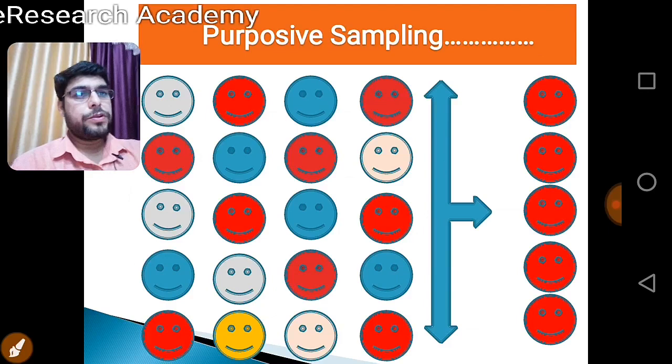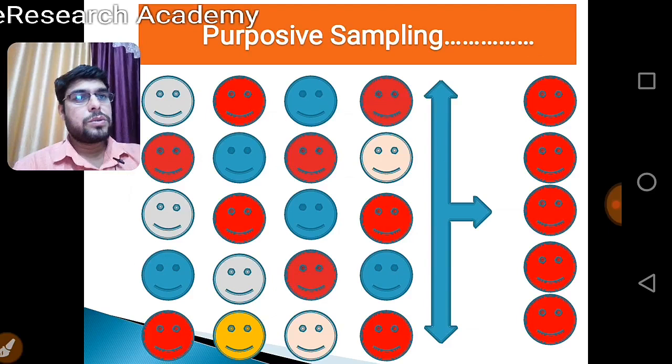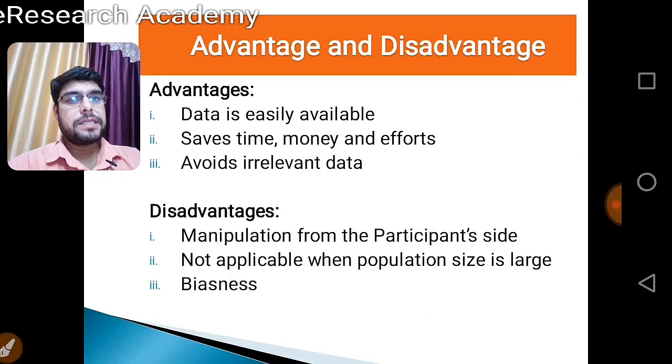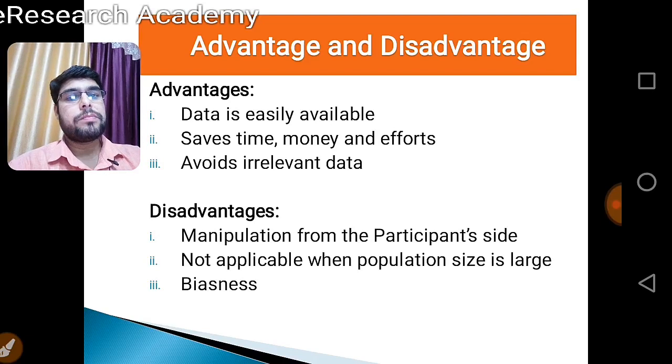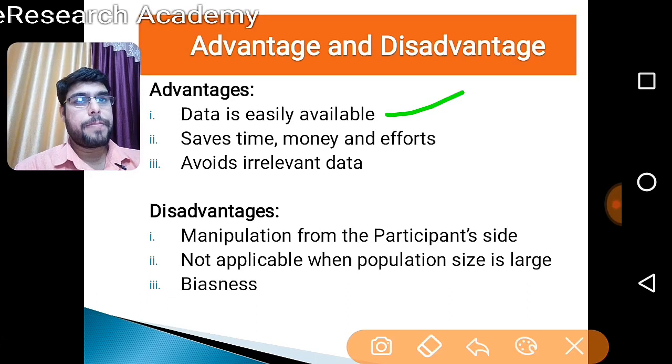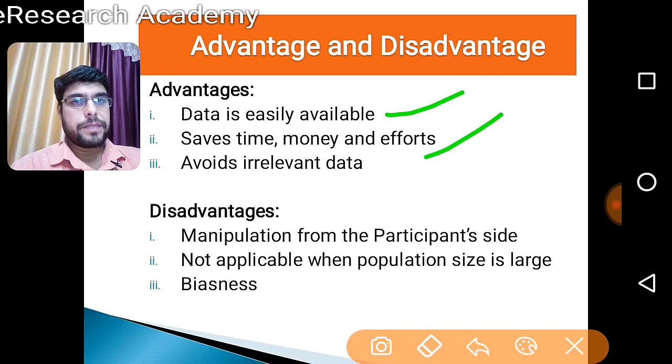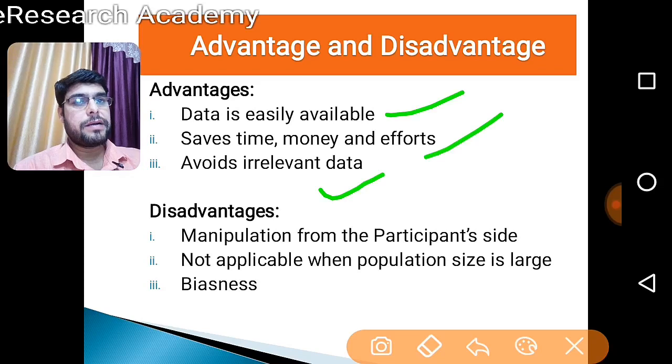If we talk about the advantages and disadvantages of this technique, the first advantage is that it is easy to collect data under judgment or purposive sampling. Data is easily available. Next, it saves time, money and efforts of the researcher, and also avoids irrelevant data in the sample.